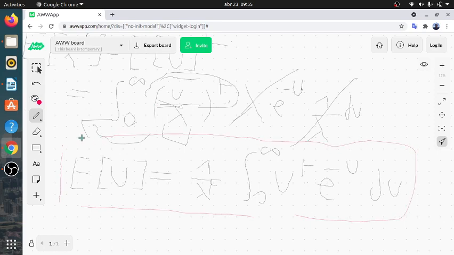So this formula will be very helpful because this is in fact the formula of the gamma function.